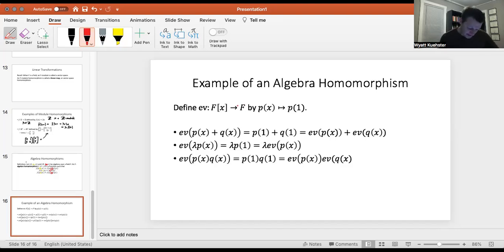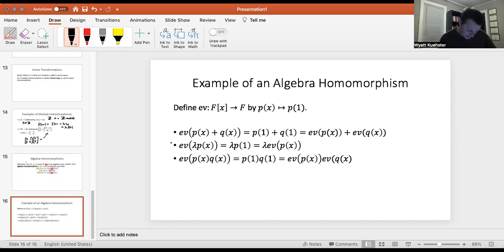And also F is definitely an F algebra over itself, because it's already a field and I can scalar multiply elements of a field by a field. It's just the multiplication we have to begin with. And I can define this map that I'll call EV, because it's evaluation, by just evaluating a polynomial at 1.